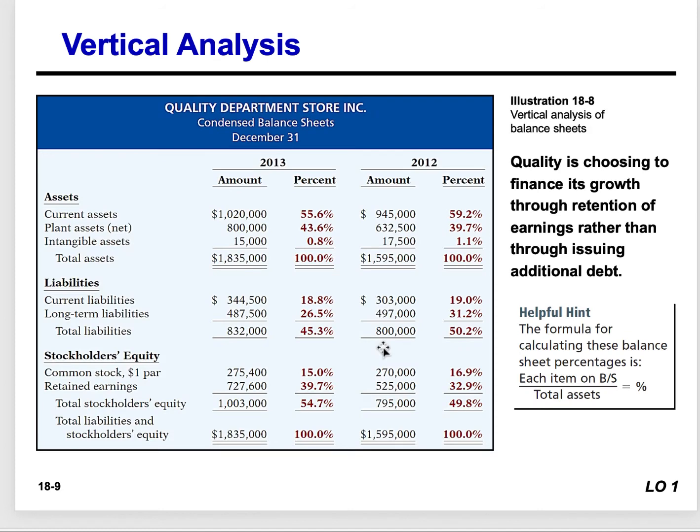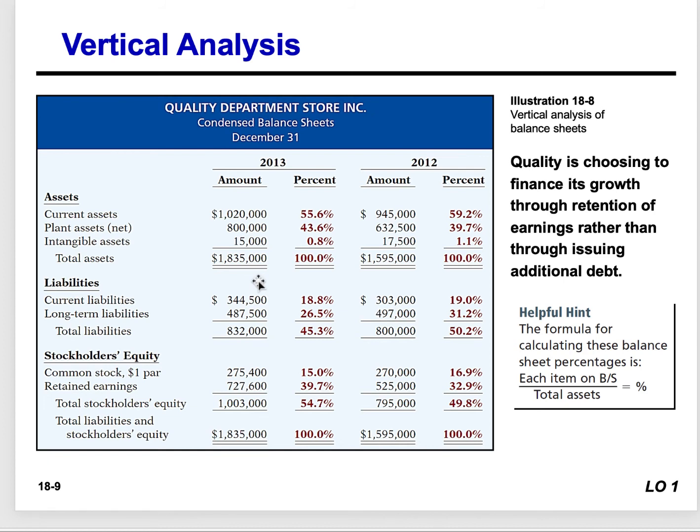So let's look at how we set up vertical analysis. Notice we have the amounts for each year, and then we have the percentage. Usually when we're using vertical analysis on the balance sheet, we need some base.